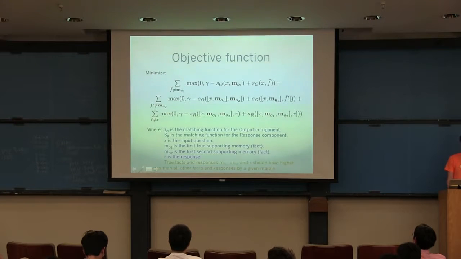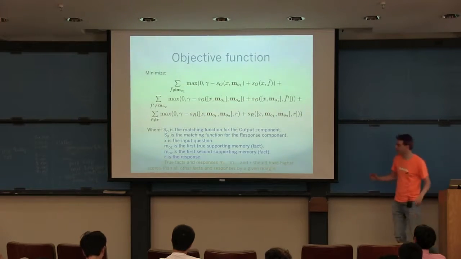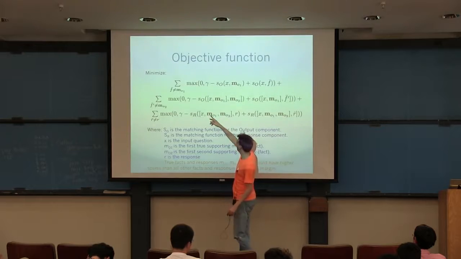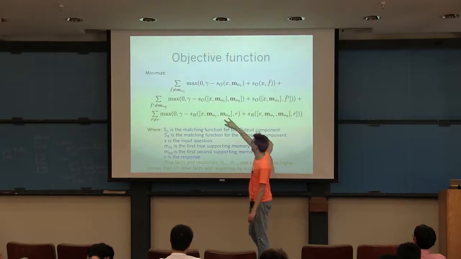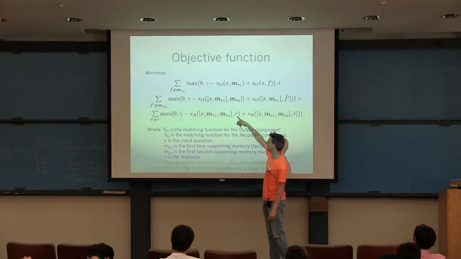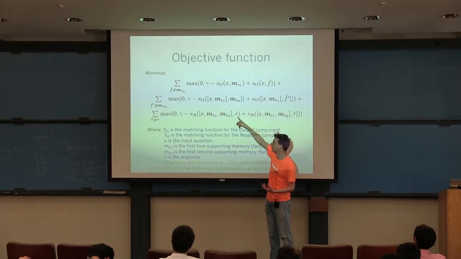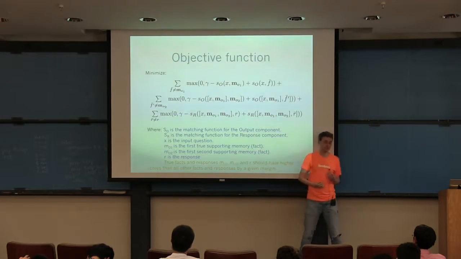And then the same thing on the second line, except you have the supporting facts from the first hop. So MO1 is now in the first argument of the function. So it's conditional with the question, and the second fact is the thing that you're matching with. And then the final line takes all three, the two supporting facts and the question, and it's doing the matching function against the possible response word, so all the words in your dictionary.